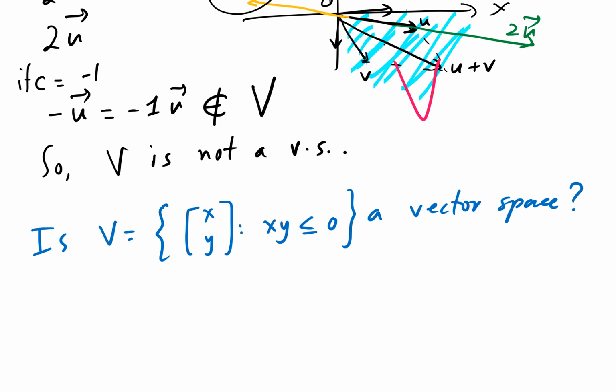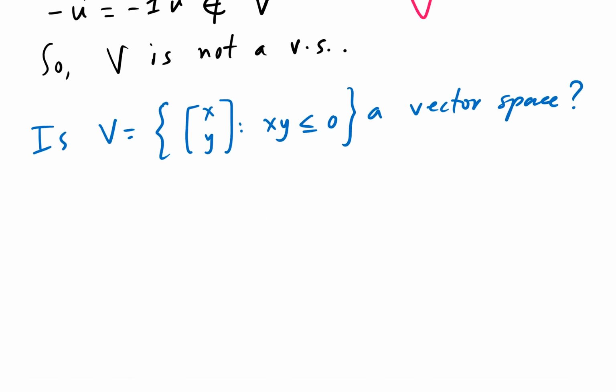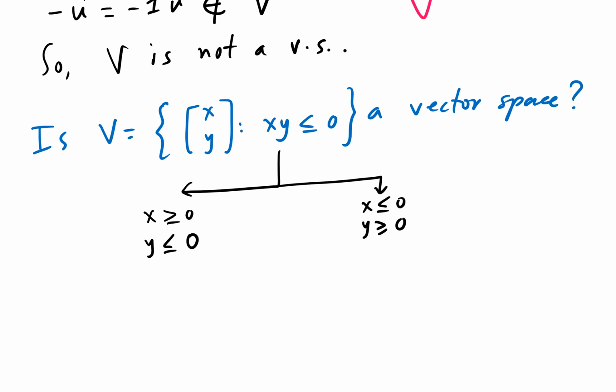What makes this problem a little more difficult is that in the earlier example we knew x was bigger than or equal to 0 and y less than or equal to 0. Here, I don't know anything about x or y. I just know their product is less than or equal to 0, which means two things can happen. Either x bigger than or equal to 0 and y less than or equal to 0, or x less than or equal to 0 and y bigger than or equal to 0. So two cases.